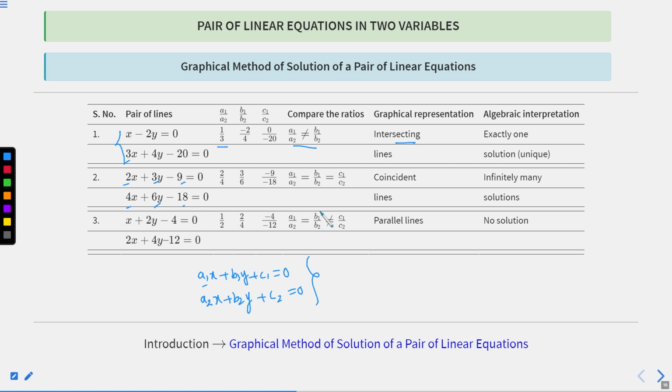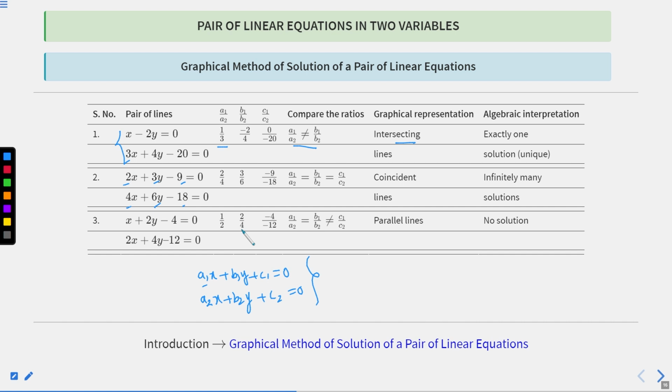Then the ratio A1 by A2 is equal to 2 by 4, the ratio B1 by B2 is equal to 3 by 6, and the ratio C1 by C2 is equal to minus 9 by minus 18.